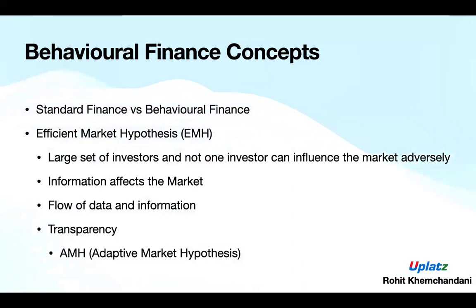There will be a large number of investors present. There will always be full disclosure and transparency, and prices reflect correct information. So these are a few of the bases on which the efficient market hypothesis is basically standing.